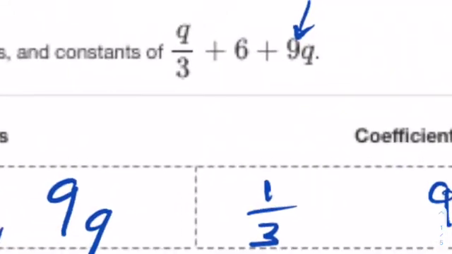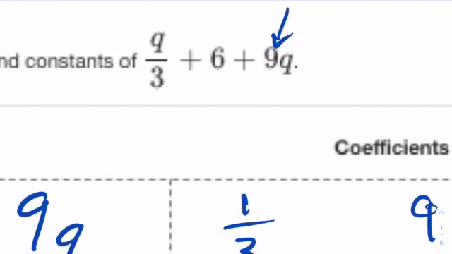If you look at this q over 3 there, you can imagine this as being 1q over 3. How many q's are right here? Well, there's just one. That's why it's 1q. If it were 2 q's, it would say 2q over 3 or 3q over 3 or whatever. So there's no number in front of that q, so we can just assume that it's a 1.